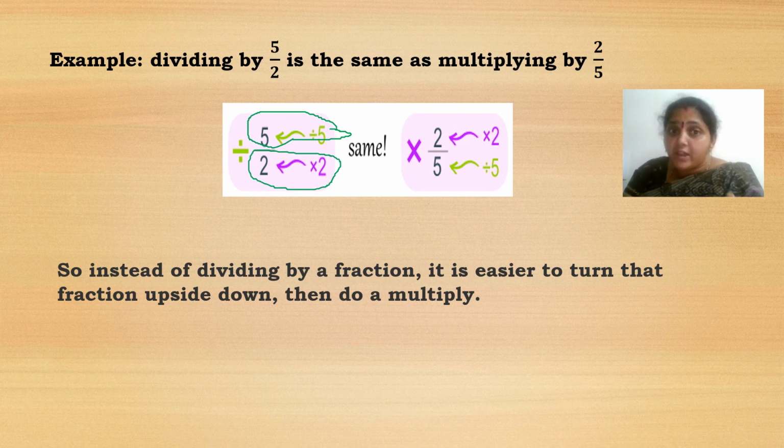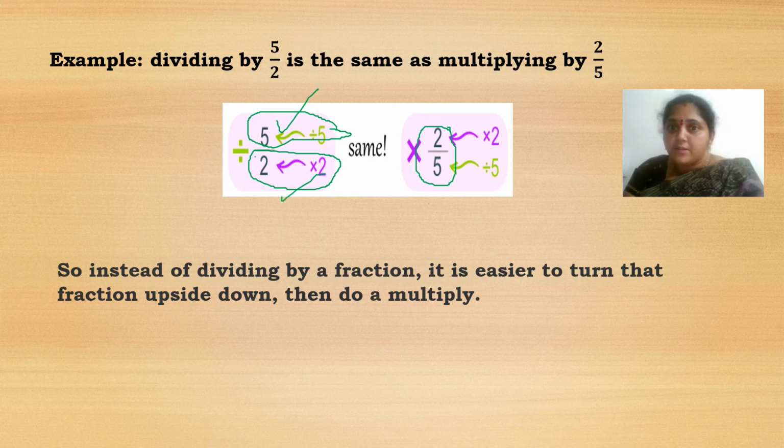If we do it in reverse, 2 by 5 means multiply 2 with 2 and divide by 5. So instead of dividing by a fraction, it is easier to turn the fraction upside down and then do the multiplying. When you are doing division, the top number you are dividing, the bottom number you are multiplying.